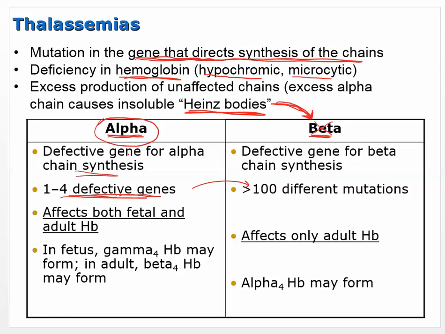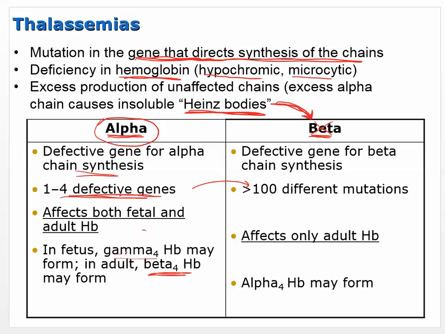Now, if you have a defective alpha chain, it can affect both fetal and adult hemoglobin. In the fetus, gamma-4 hemoglobin may form. In an adult, beta-4 hemoglobin may form.